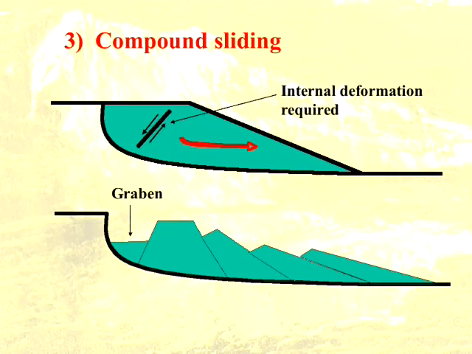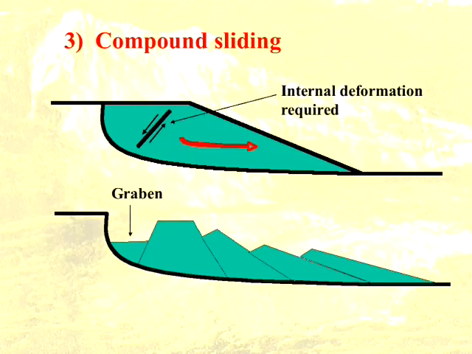The existence of internal deformation is usually quite clearly shown in the morphology of the slide. Where the rotational slide had a very prominent main scarp and a characteristic back-tilted bench, those were the main deformation features you could see. Now we have a main scarp that's often very limited, and in front of it there tends to be a depression called a graben, and then its brother, the horst, an upstanding block that has sometimes just moved forward without much sinking at all.